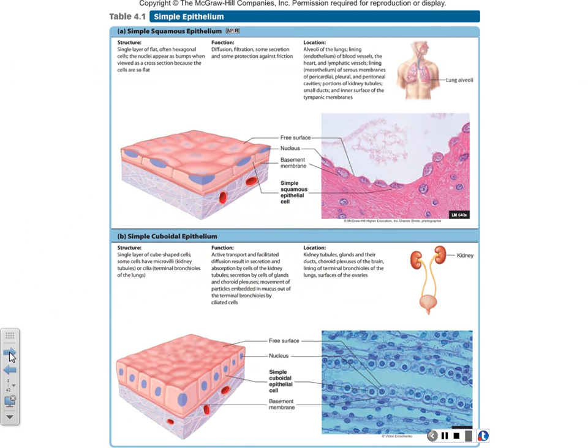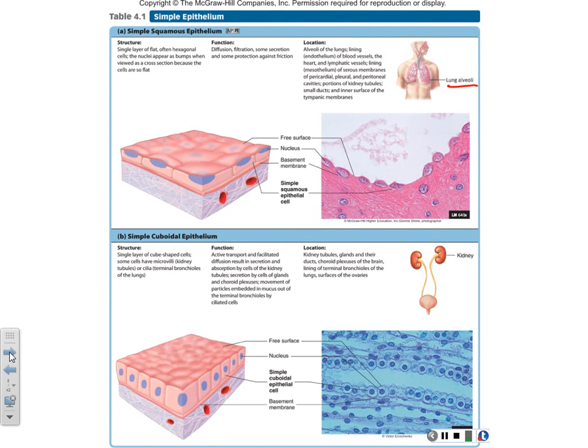So, simple squamous. That's one layer, and we already talked about it. It's mostly found in the glands. Okay, the alveoli, you know, they have one layer of cells that are flat. The capillaries also have one layer of flat cells. Capillaries exchange blood and so forth. All right.